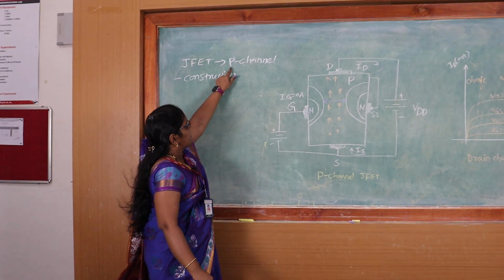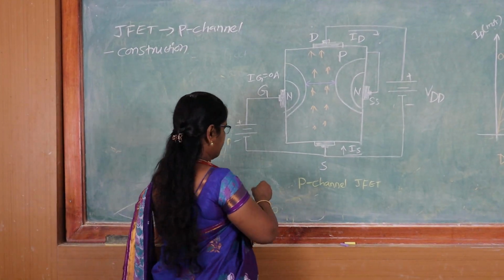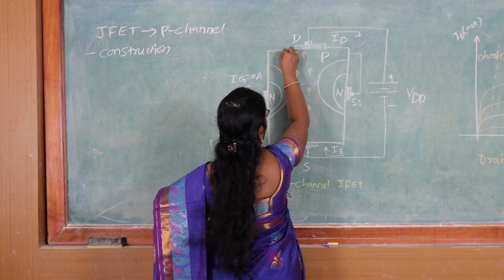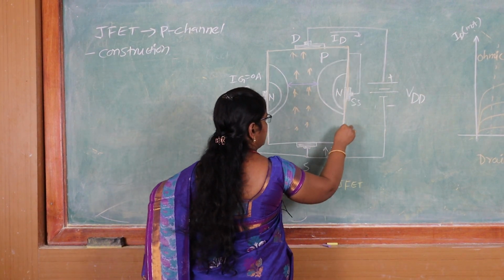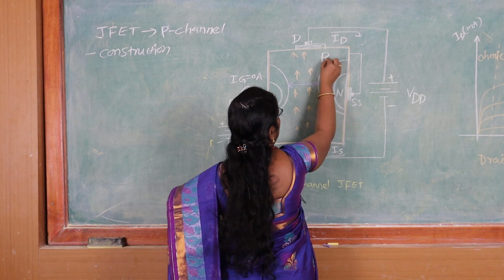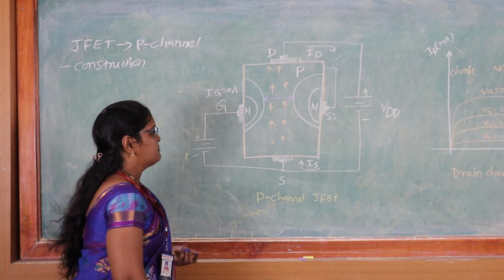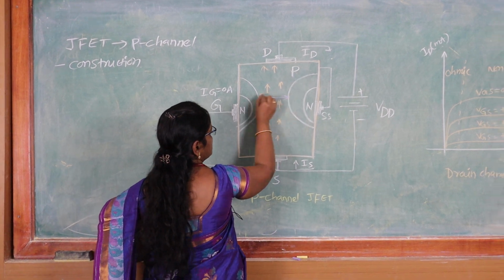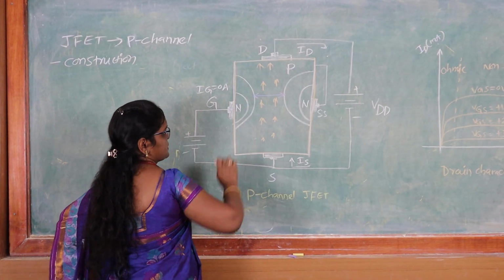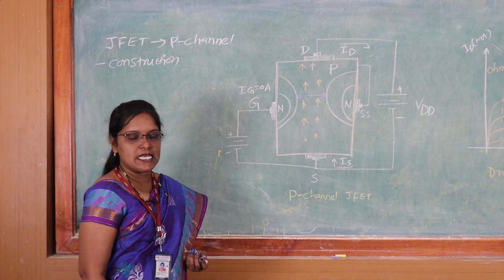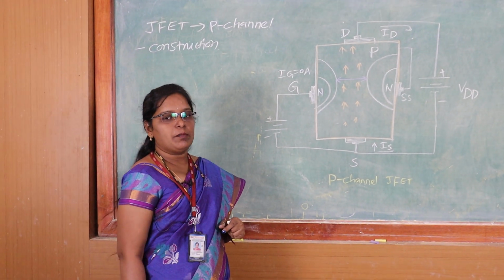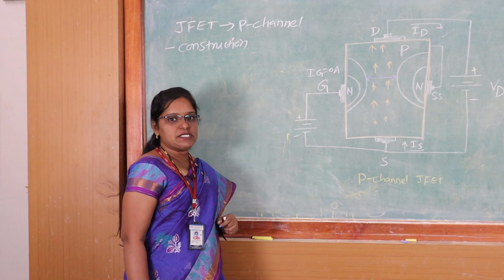To get this P channel, I have to take the substrate. This bar is the P type substrate. That means whatever channel is formed in this is of P type. P type in the sense, as all of us know, the majority charge carriers are positively charged.